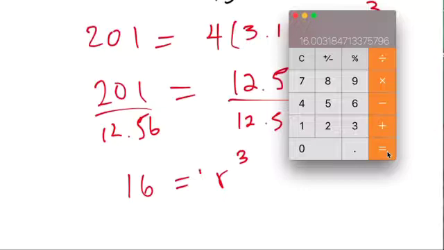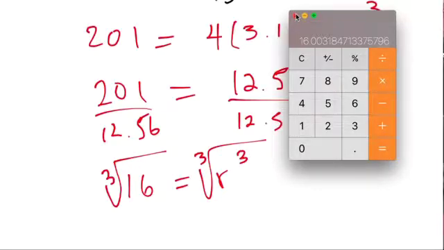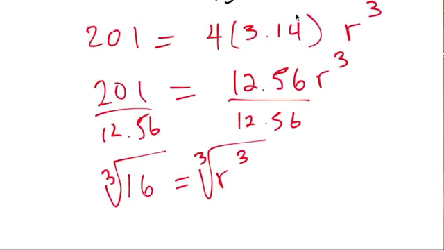So the cube root of 16: 2 times 2 times 2 is 8, 3 times 3 times 3 is 27, so it's between 2 and 3. The cube root of 16 is equal to 2.519.